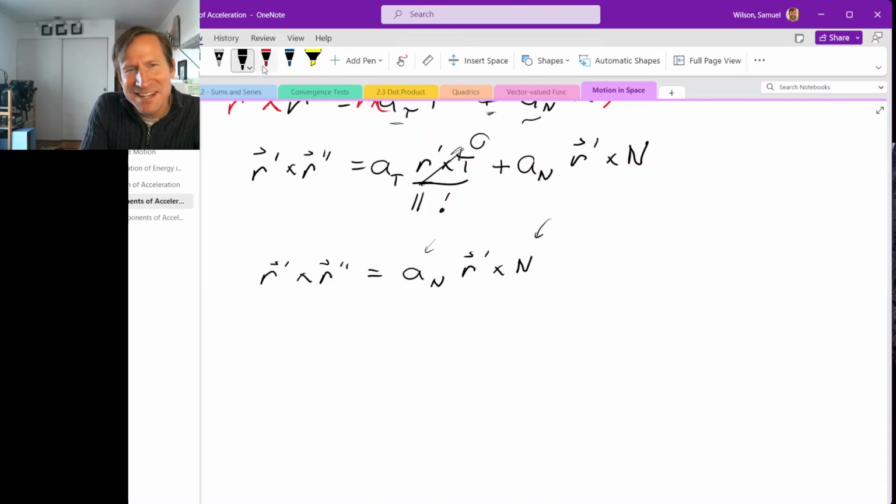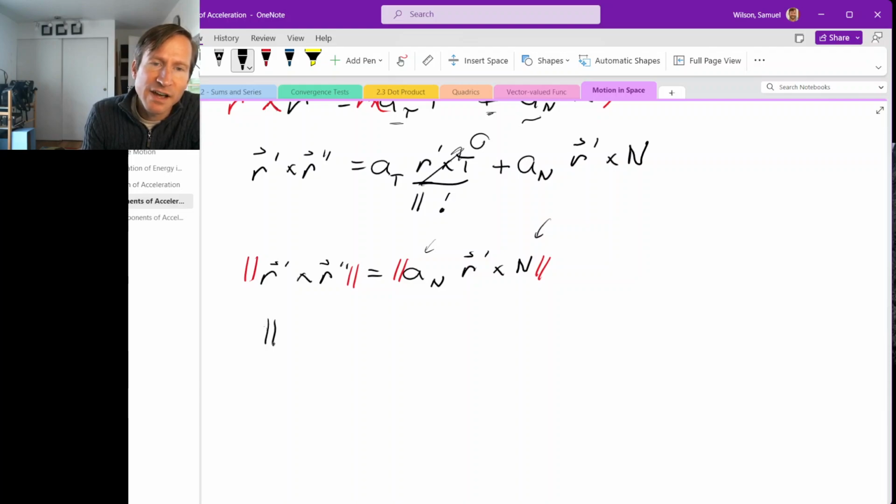Well, it takes some playing around to come up with this idea, but let's take the magnitude of each side. One reason this might occur to you as a good idea is because if all we care about is a scalar quantity, a sub n, we should do something that produces scalars. But cross products are vectors, so how could you get a scalar from a cross product? You could take its magnitude.